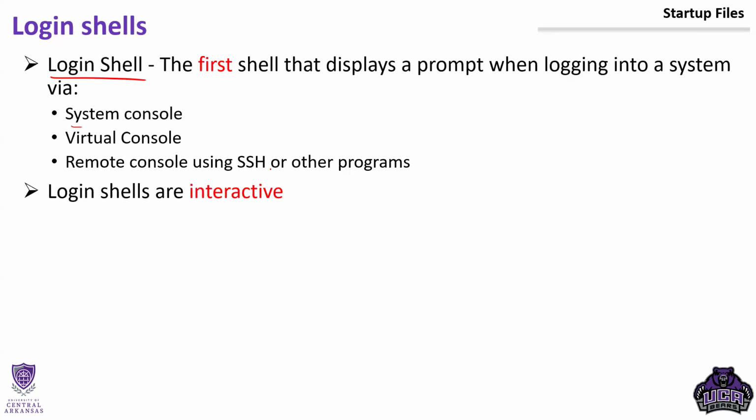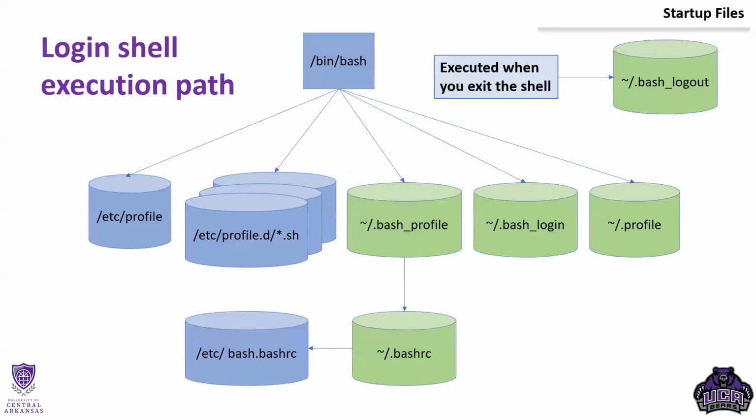Lots of different methods here, but note that login shells are interactive. That's one of the key things. You can interact with them. This is an example, and it can be different. Of course, this is specific to bash. There are going to be lots of similarities, in that we're all going to have those etc profiles.